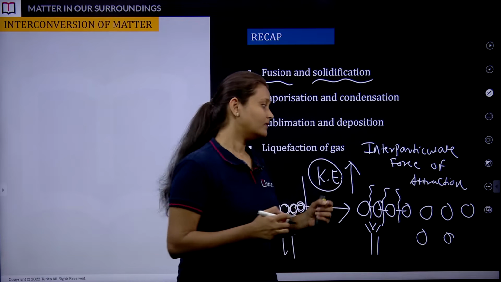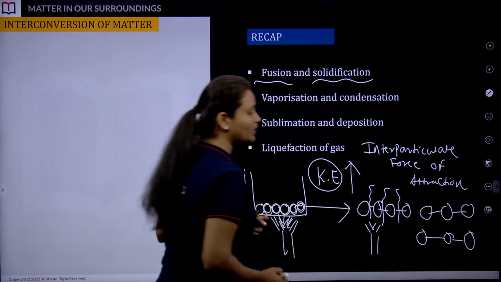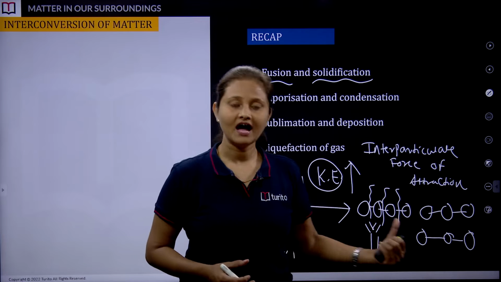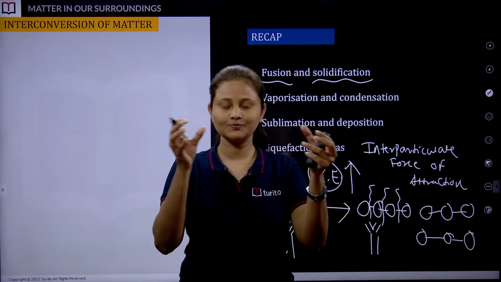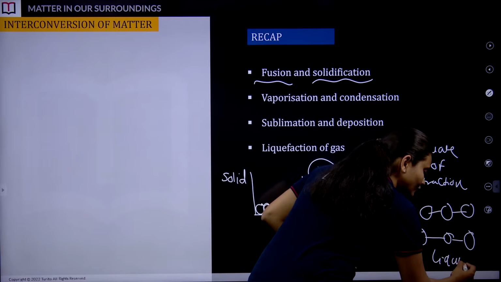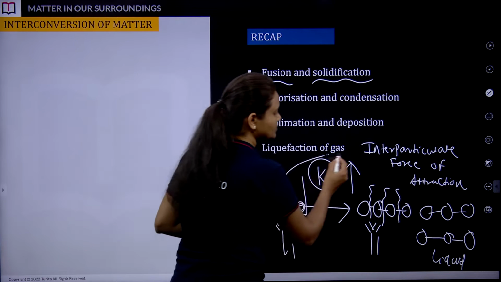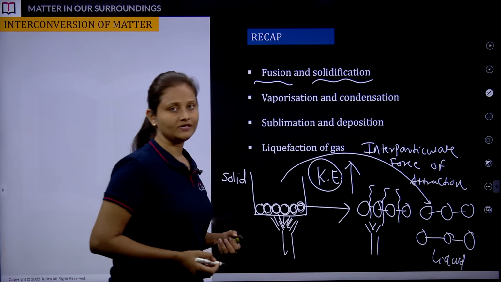Students, if there are some intermolecular spaces, tell me, after solid, which state of matter has this property? Like there are some spaces. Of course, liquid, right? So what have you done? You have actually converted solids into what? Liquids. How?